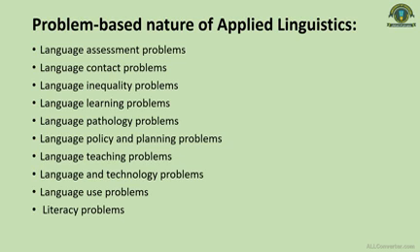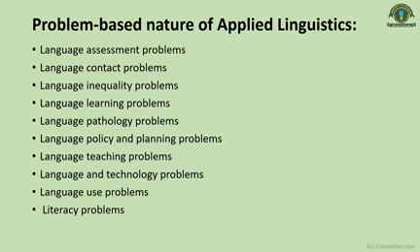In that problem, we discuss different things like dialects, register, discourse communities, gatekeeping situations, limitations, access to services, and lack of resources. All these problems that are related to language use are also discussed or tried to solve with the help of applied linguistics.